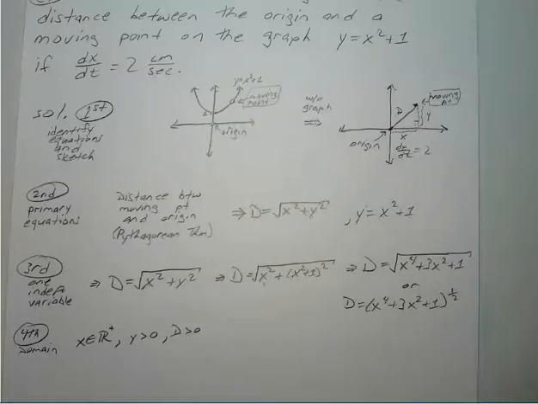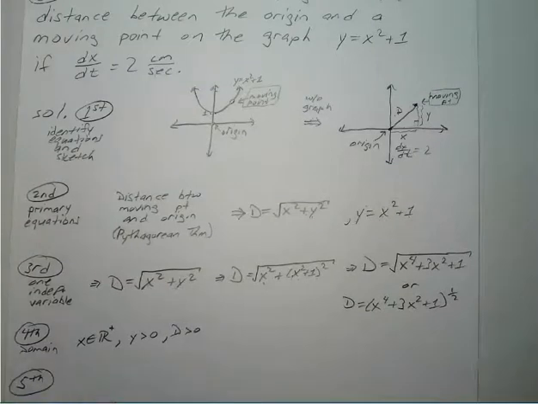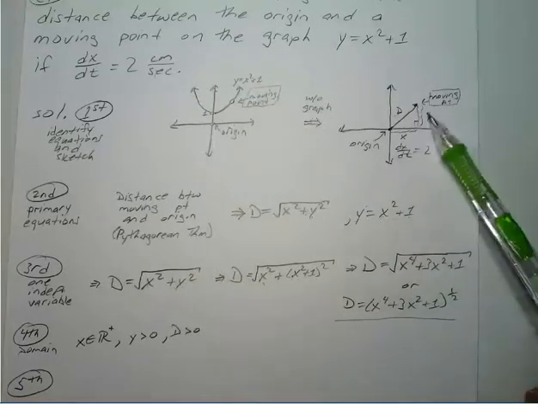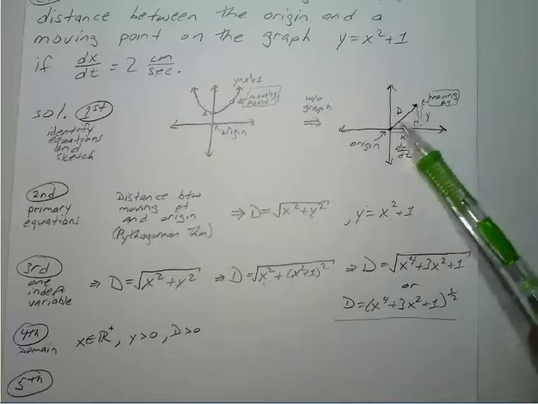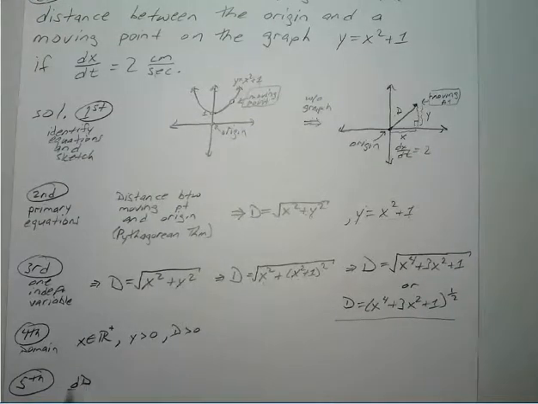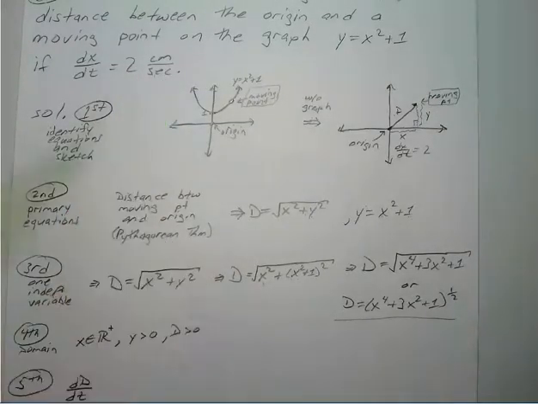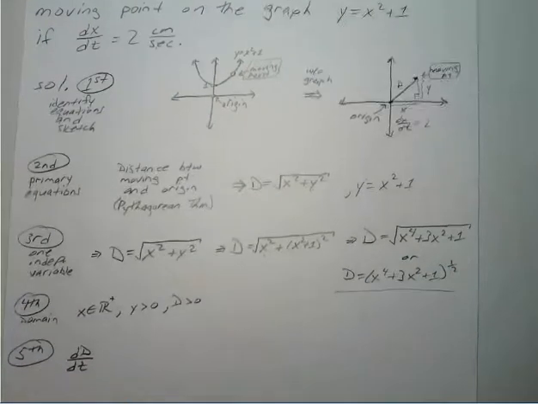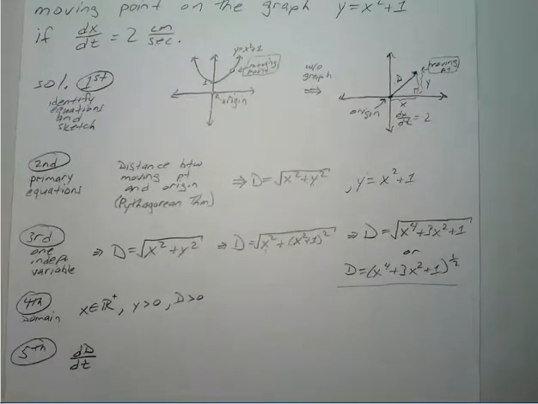Okay, so now we use our fifth step to solve. Now we want to find the rate of change of that distance. The rate of change of the distance with respect to time, because remember it's centimeters per second, so we're doing that with respect to time.